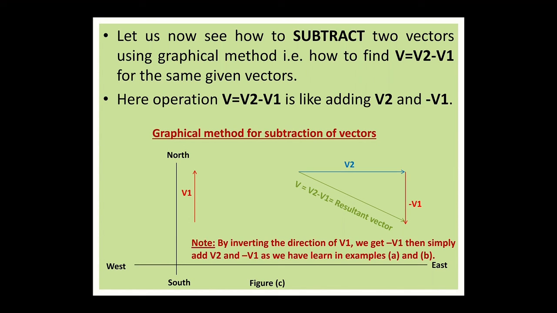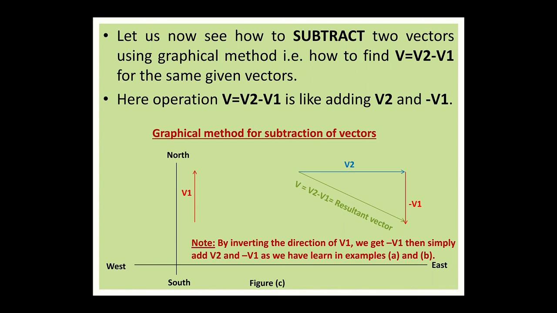So this is your vector V1, which is given and is directed towards north. If you invert its direction towards south without changing its length, then you will get minus V1.